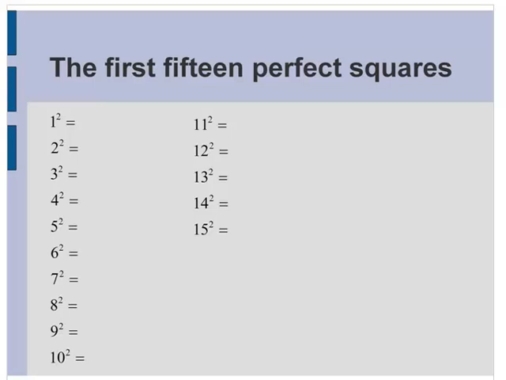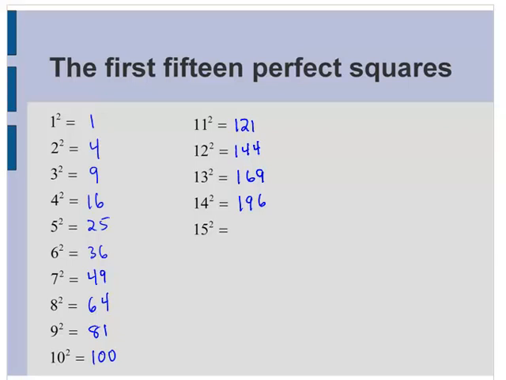So what I mean by that is this: 1 squared is 1, 2 squared is 4, 3 squared is 9, 4 squared is 16, 5 squared is 25, 6 squared is 36, 7 squared is 49, 8 squared is 64, 9 squared is 81, 10 squared is 100, 11 squared is 121, 12 squared is 144, 13 squared is 169, 14 squared is 196, and 15 squared is 225.